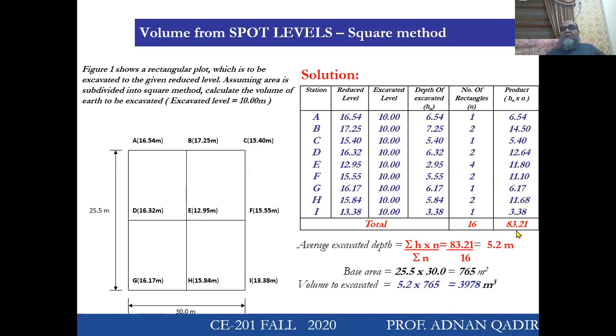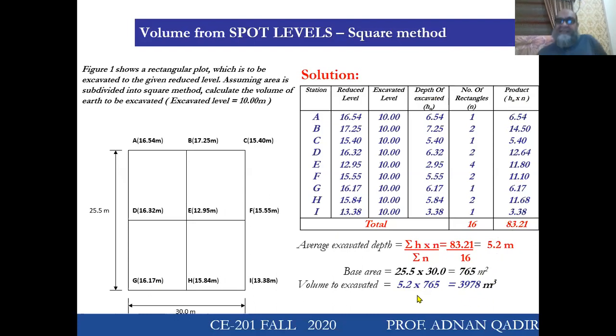So this becomes the total height, which is a weighted average, and the number of rectangles is 16. So you know that the average height is 5.2 meters. Just sum this, divide it, and you will get 5.2. Since your area is 25.5 by 30, multiply this by the height and you will get the volume.